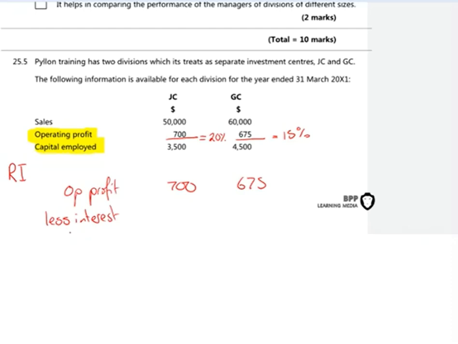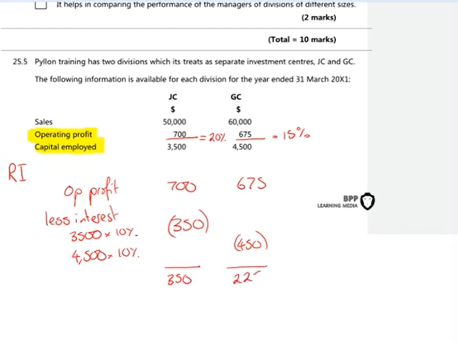So for JC, that's 3,500 at 10%, so 350 of interest to deduct, and for GC it was 4,500 at 10%, so that's another 450 to deduct. That leaves us with our residual income figures, 350 and 225.